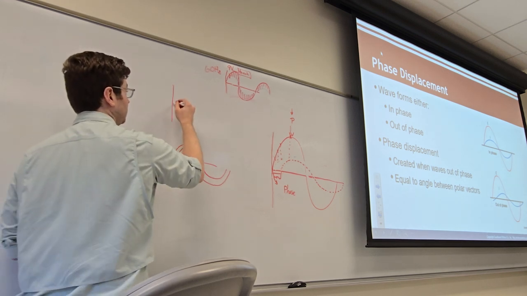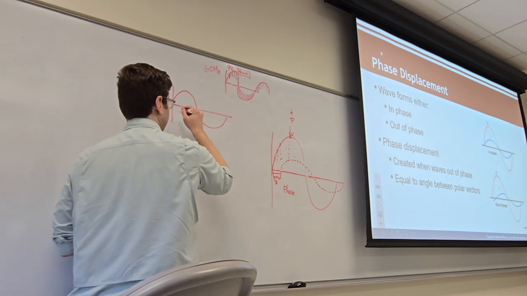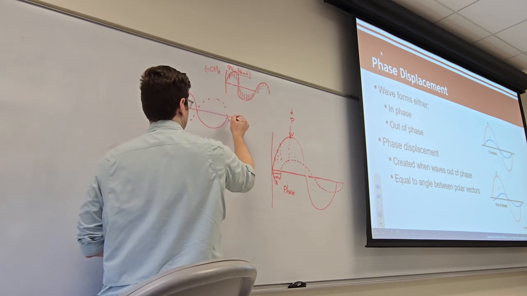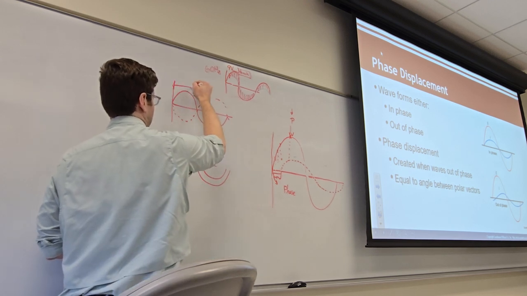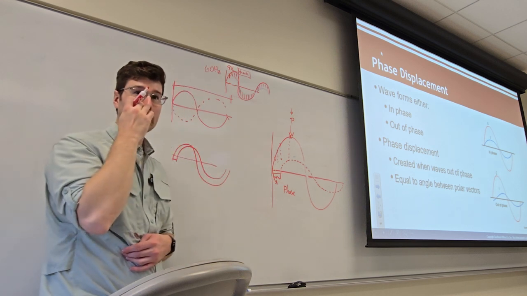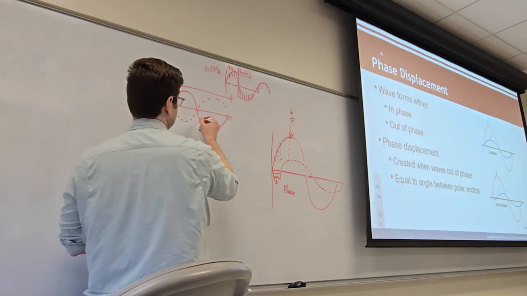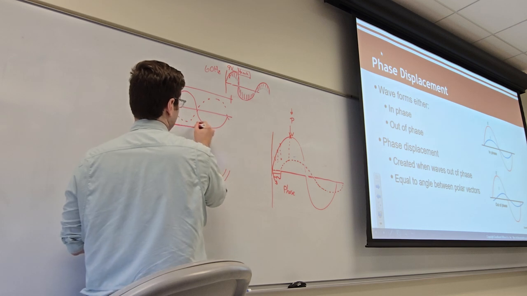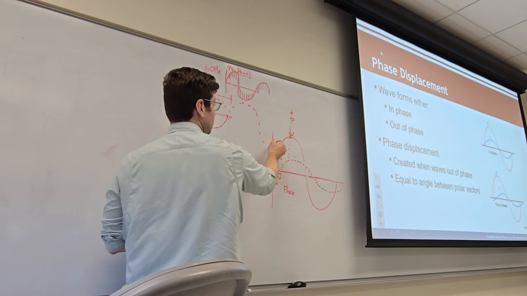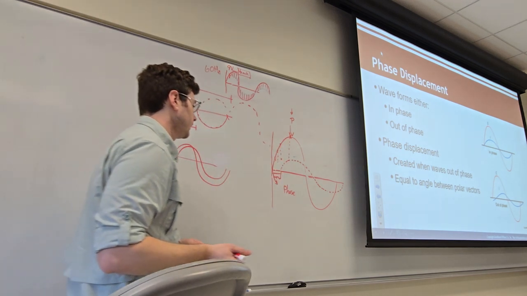When we have one signal that goes this way, okay, and then another signal that goes this way, they are out of phase by a whole half, right? That causes them to be inverses of each other. If we pushed this dotted line this far over, it would line up again, right? That's being out of phase, okay?